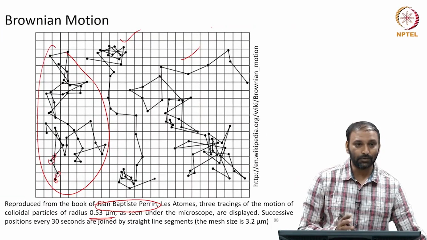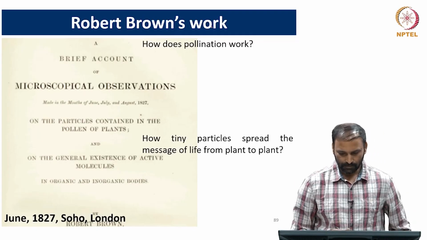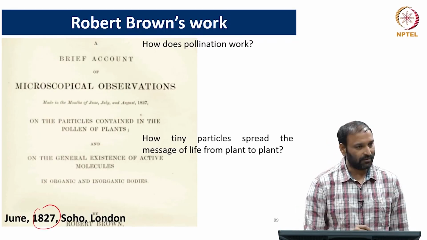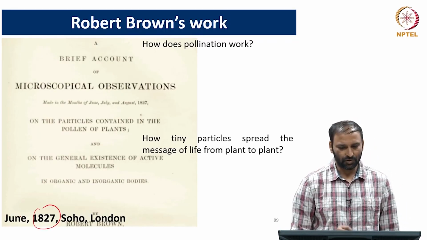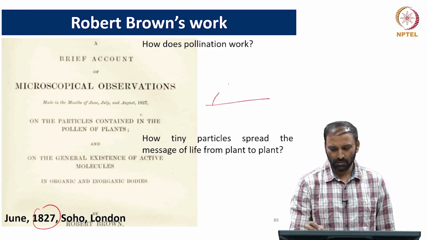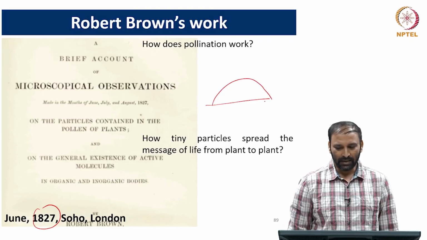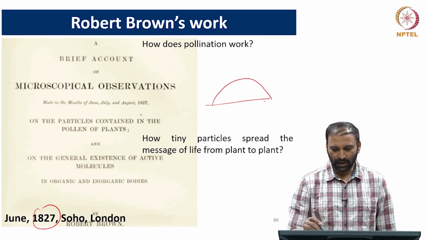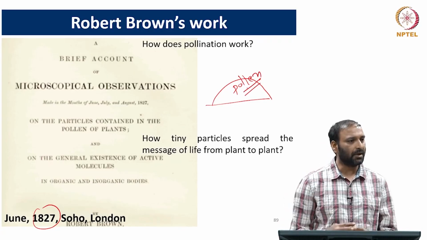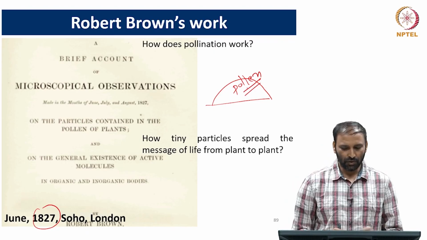Now, of course, this is in the 1920s, I said. Way back in 1827, Robert Brown took a droplet of water containing pollen particles and observed them under a microscope.